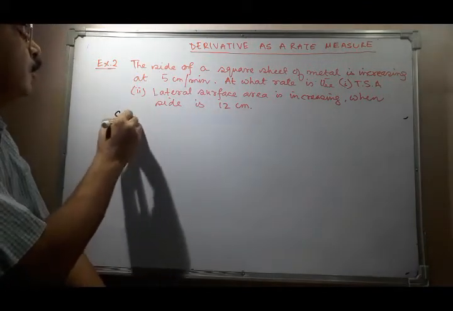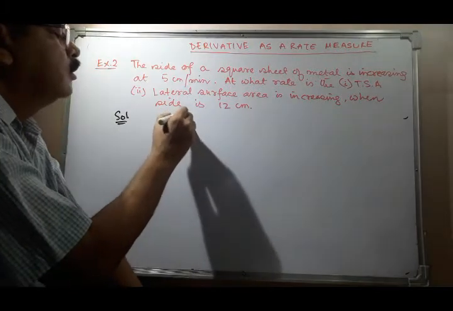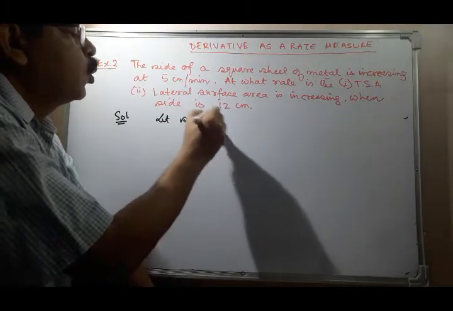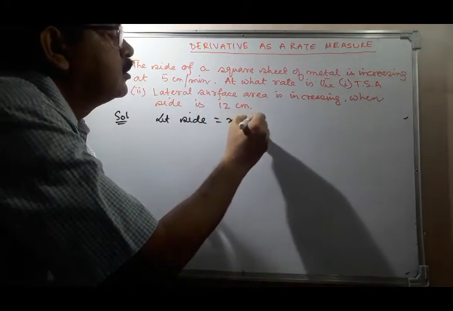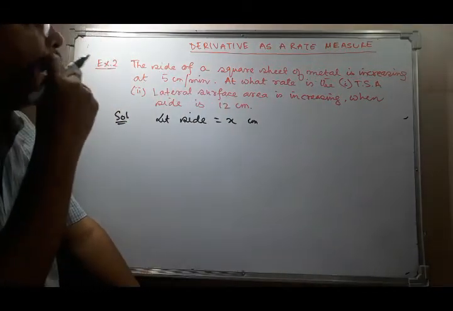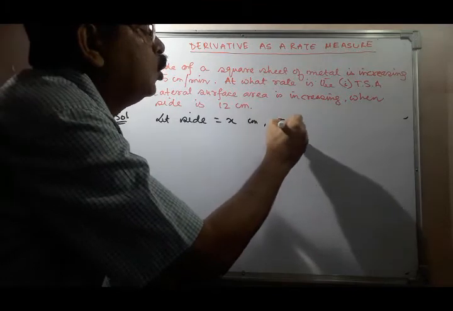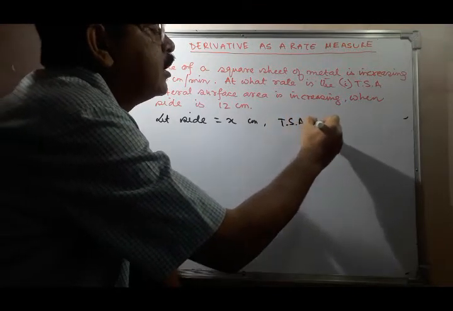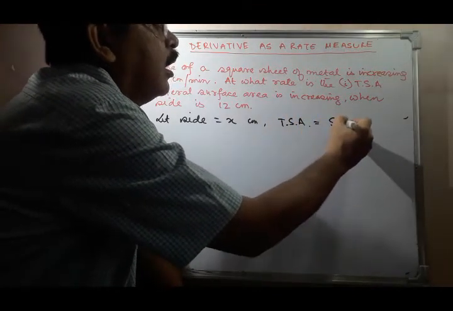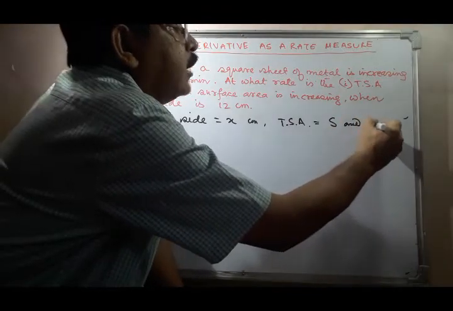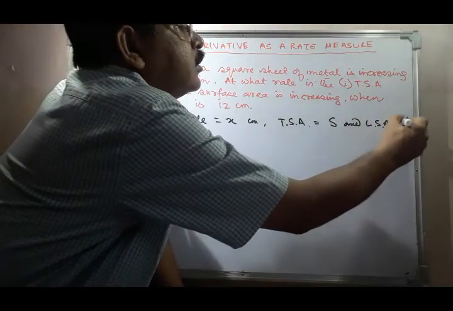Solution: let side of the square equal to x centimeter. Total surface area say S, and lateral surface area say A.